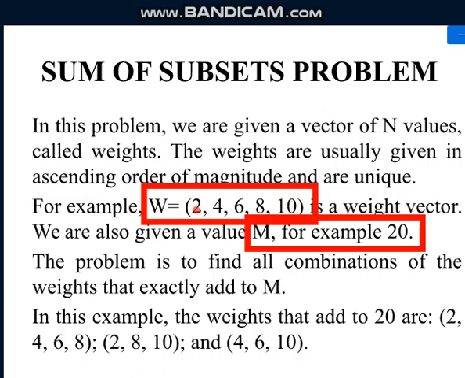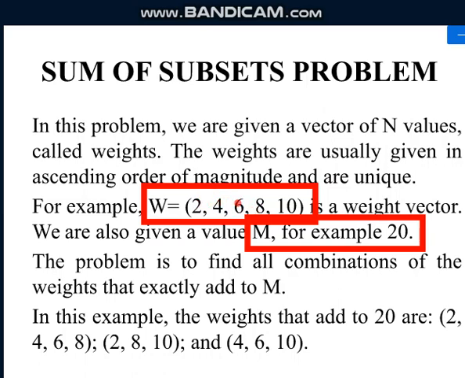Then you can have 6 plus 4 plus 10. 6 plus 4 is 10, 10 plus 10 is 20. Any other solution? Yes, you can have 2, 4, 6, 8. 2 plus 8 is 10, 6 plus 4 is 10, so 10 plus 10 is 20, isn't it?